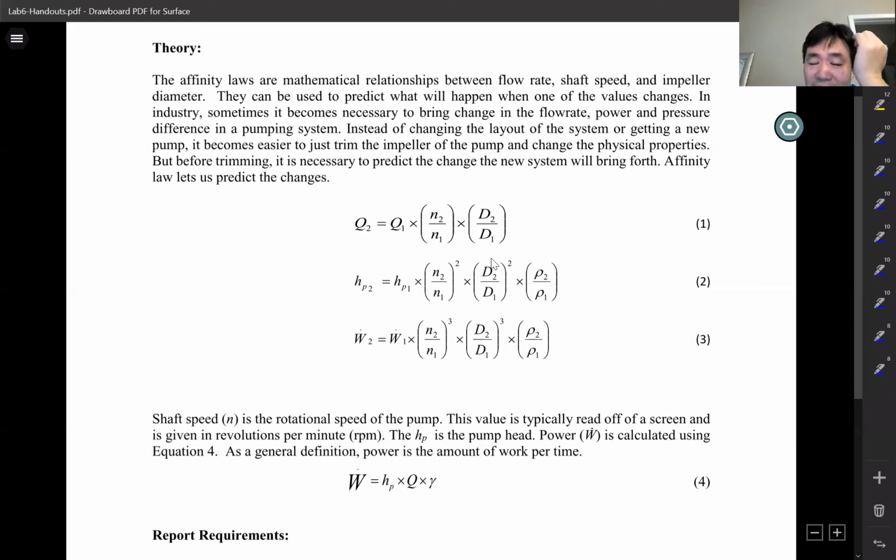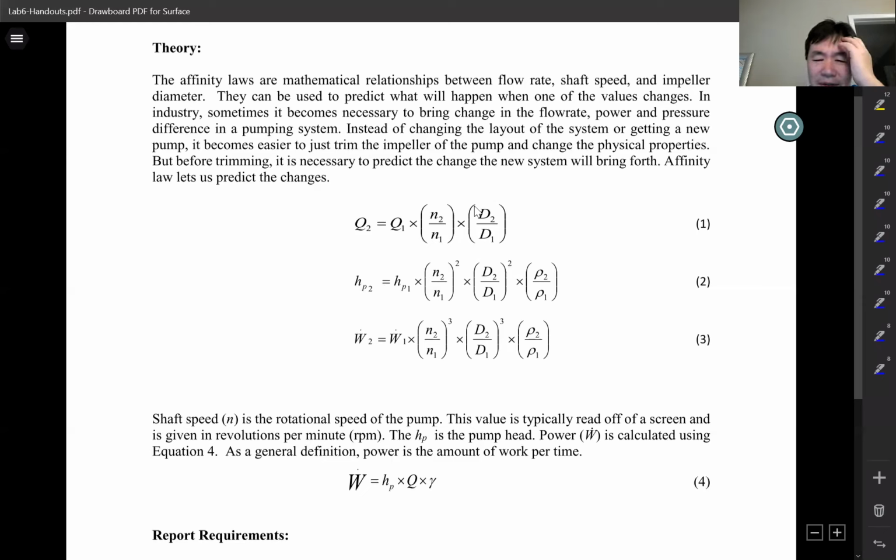Or if you have exactly the same pump running on a different fluid, rho 2 over rho 1 is the ratio for the density. Based on the fluid property, you can predict my new pump head: HP2 over HP1 equals the density ratio. So here we can have 3 applications, when you change the pump a little bit.